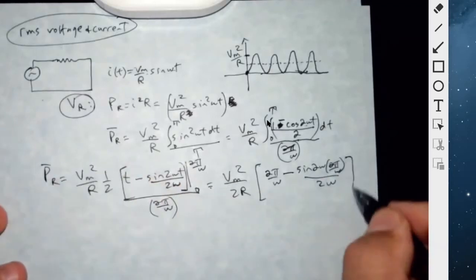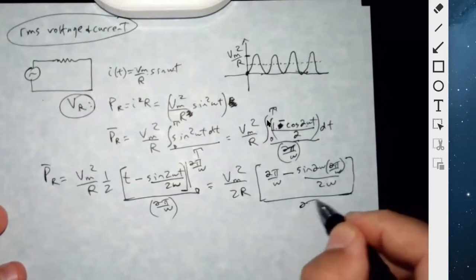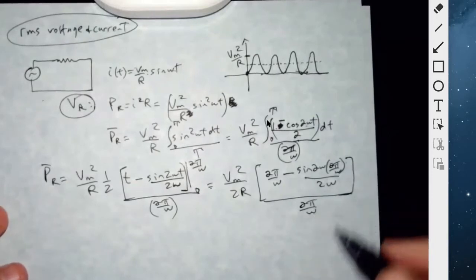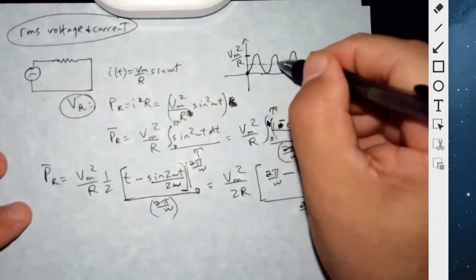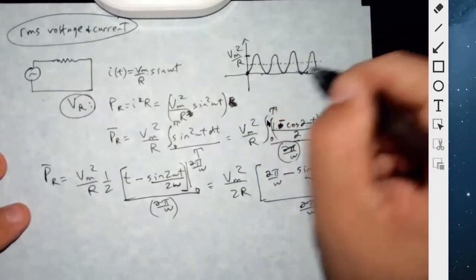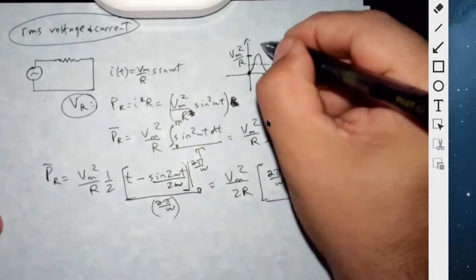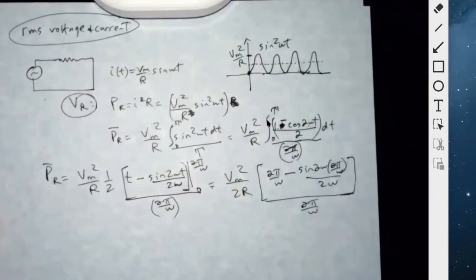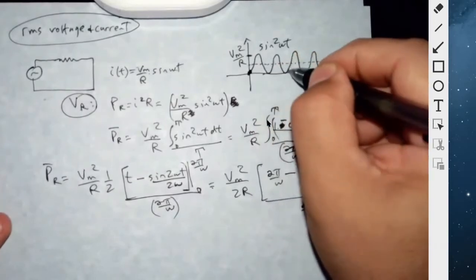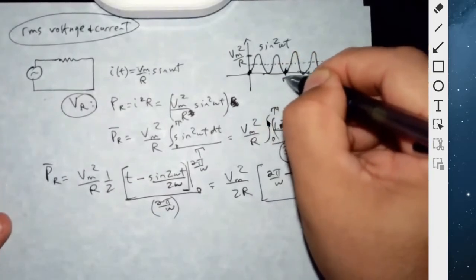So that's it, over 2 pi over omega. So I'm trying to mathematically find this average value of the sine squared function. This is sine squared omega t within one period, from here to here. This is one period.